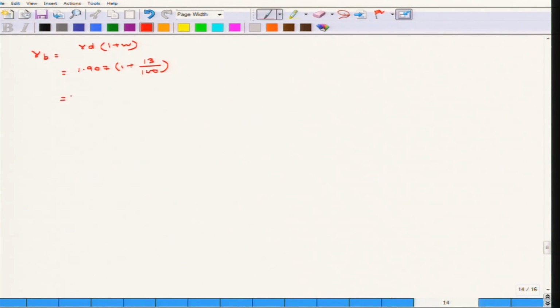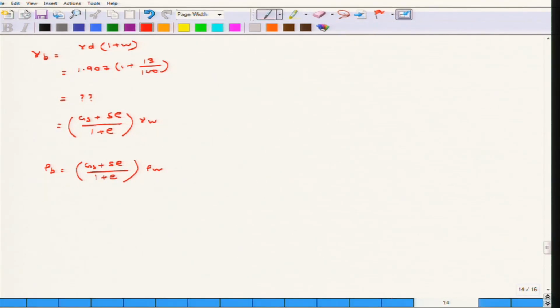is equivalent to, now gamma bulk can be written as Gs plus Se by 1 plus e into gamma w, or rho bulk can be written as Gs plus Se by 1 plus e into rho w.